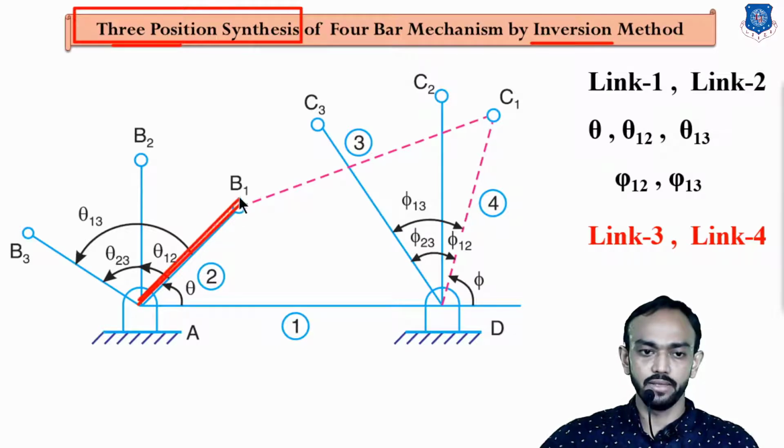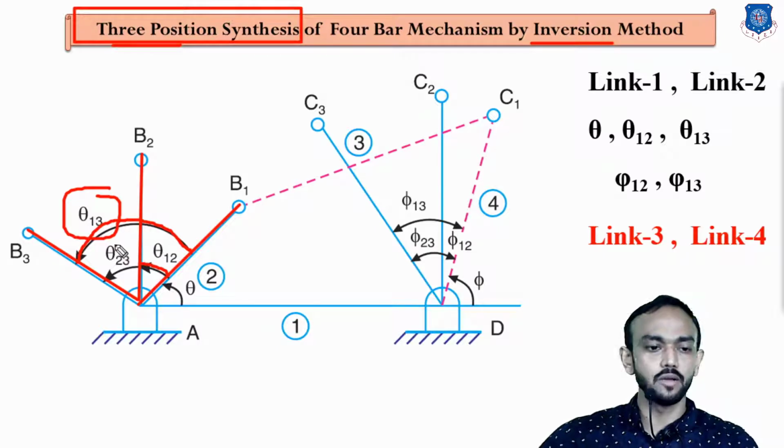After that this link will be in the second position B2 and the angle will be theta 1 2. After that there is a third position, the link going from the initial to the second and third position, and the angle made here is theta 1 3. 1 3 means the angle from 1 to 3. There is also theta 2 3, from 2 to 3.